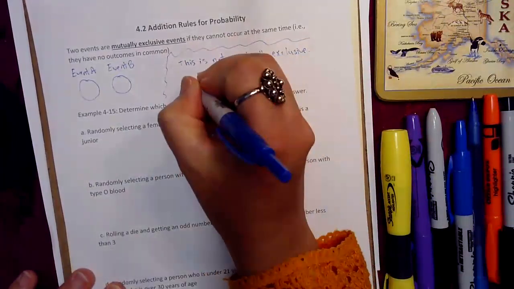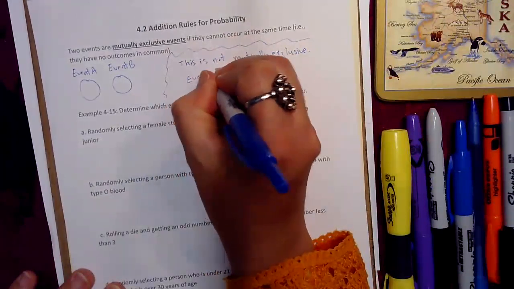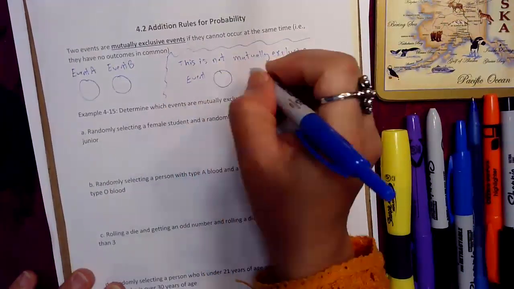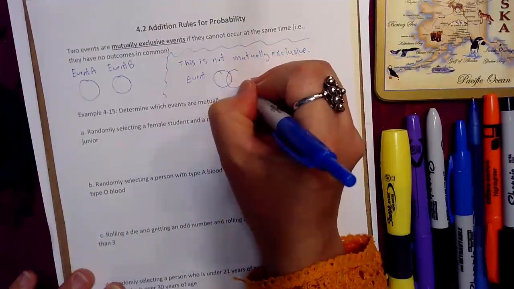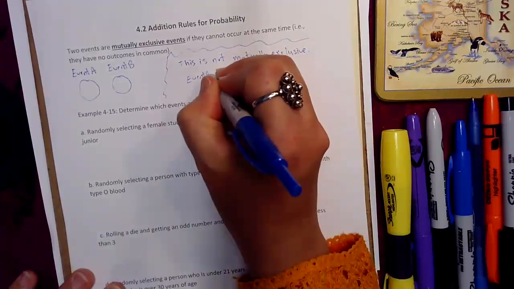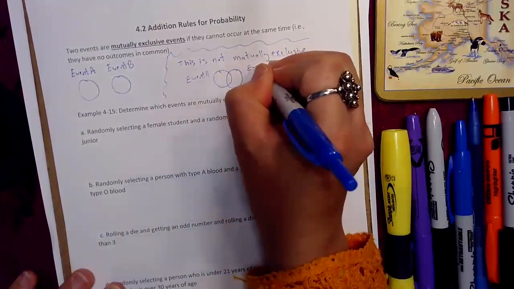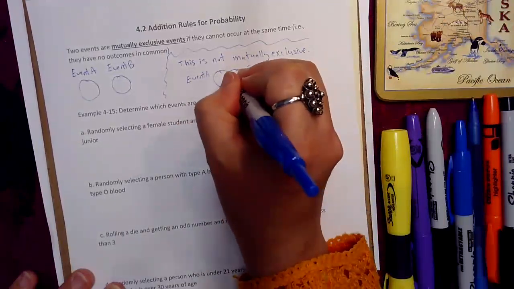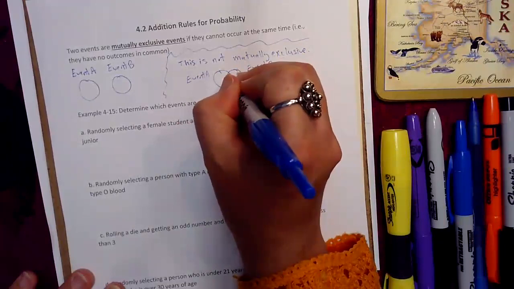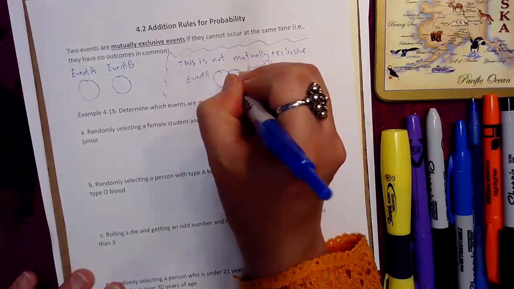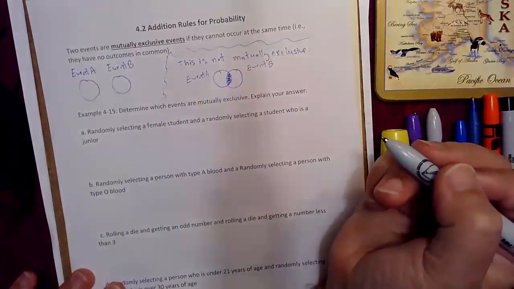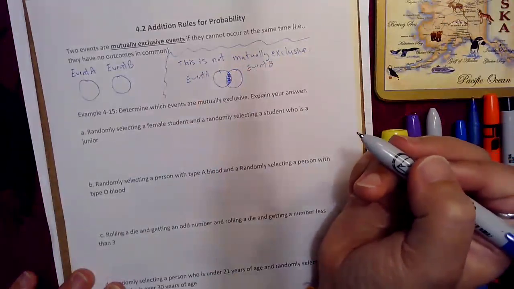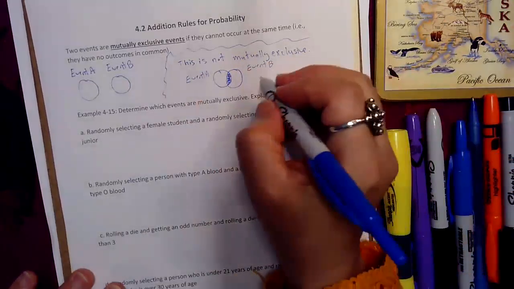Okay, so I'm going to have event A, and then I'm going to intersect that with an event B so that there's a space here in common. Notice how we have an overlap.